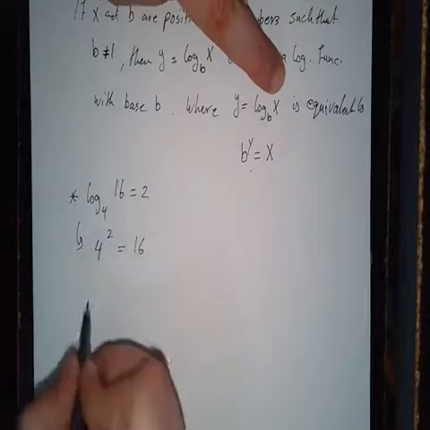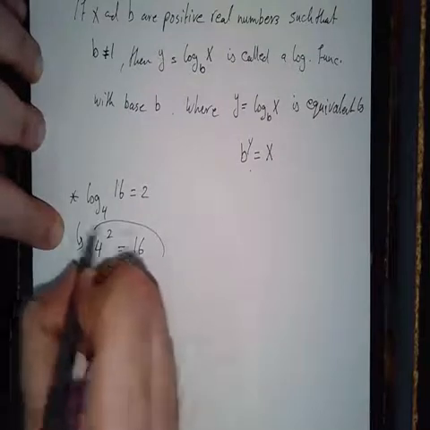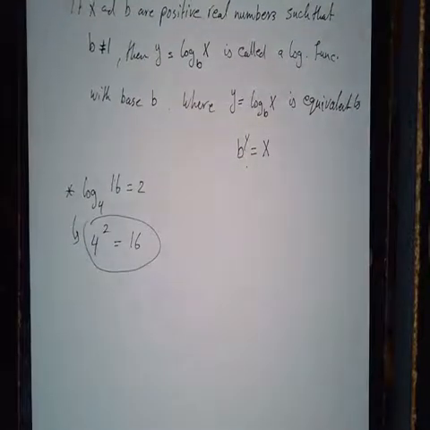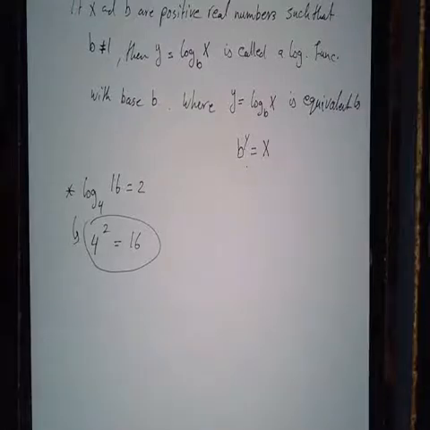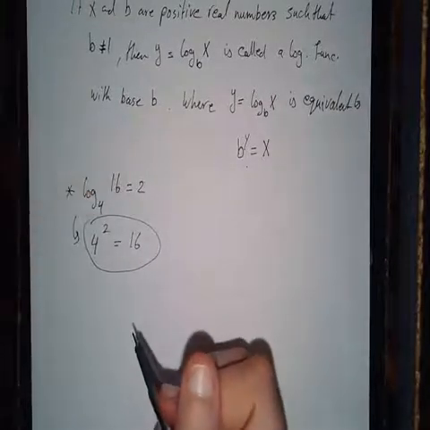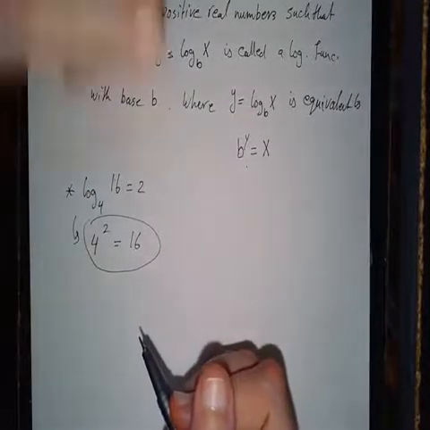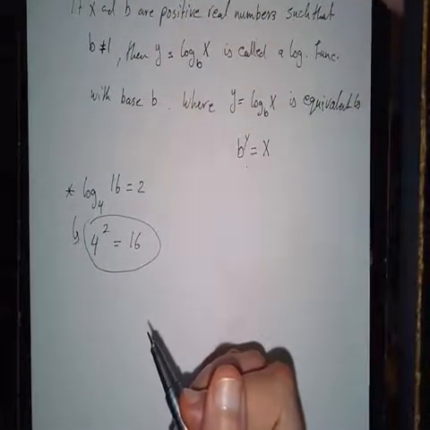Now, to make sure you did it right, does this make sense? When you square 4, or multiply 4 by itself, do you get 16? The answer is yes. Alright? So as you can see from here, this is the relation between an exponential function and a logarithmic function.